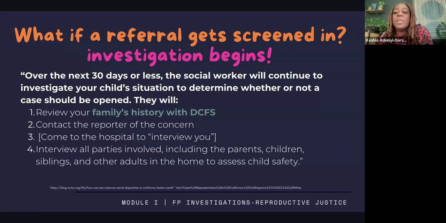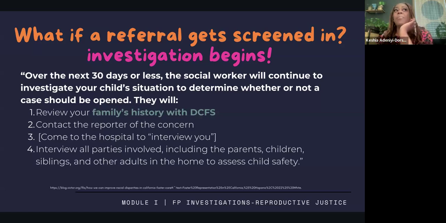Every time there's a call to the hotline, it's treated kind of like how someone's priors are treated in the criminal context. So you could have multiple calls to the hotline, and as you can see, that's not unlikely to happen if you are a person of color. But that is used to determine whether or not they should do an investigation, whether or not they're going to open up a case against you.